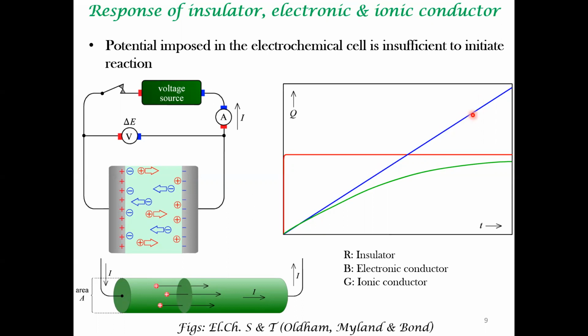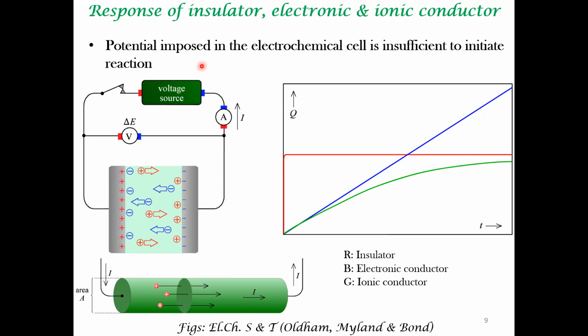There is a linear variation of charge in an ideal electronic conductor given by I times T, right? In contrast to an insulator and an electronic conductor, the ionic conductor behaves in a different manner. Let's understand how the ionic conductor behaves.